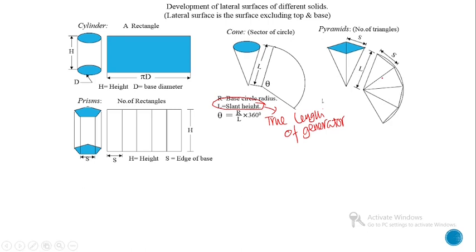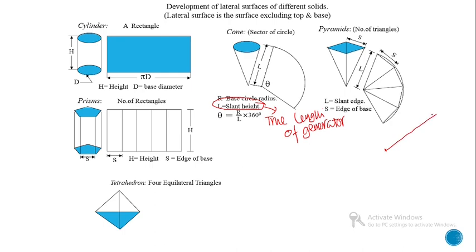We can draw this figure by taking a convenient point as this apex. Then first we can draw the true length of the slant height. Then we can draw an arc. Then we can cut that arc by drawing another arc having radius equal to S, and we can draw that arc like this.